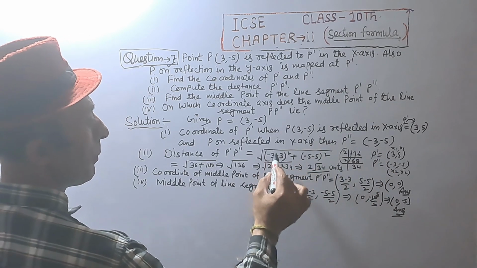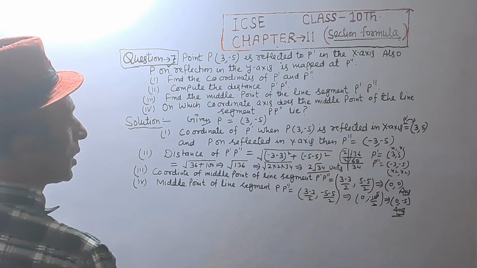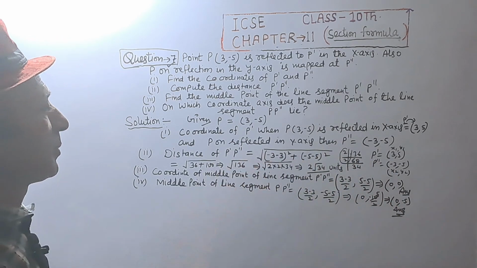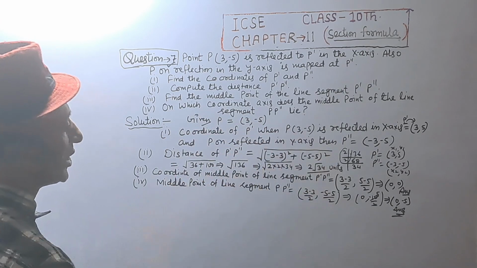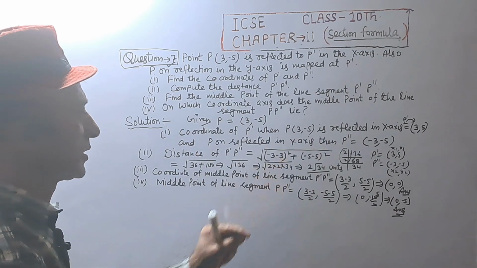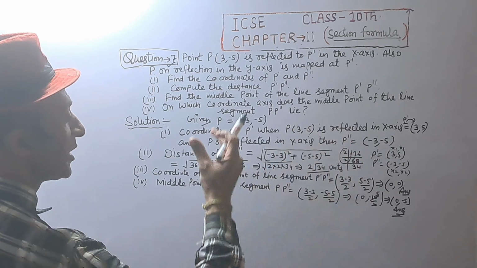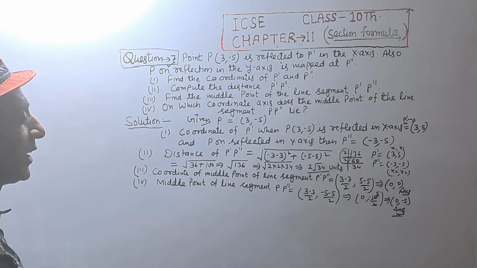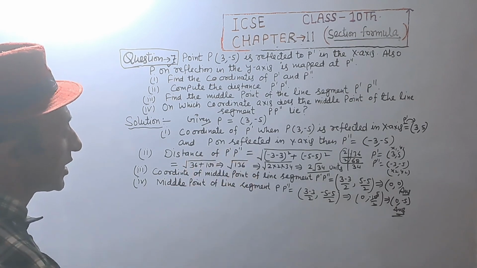Minus 3 minus 3 is minus 6. Minus 6 raised to power 2 is equal to 36. Plus minus 5 minus 5 is equal to minus 10. Minus 10 raised to power 2 is equal to 100. And 100 plus 36 is equal to 136.